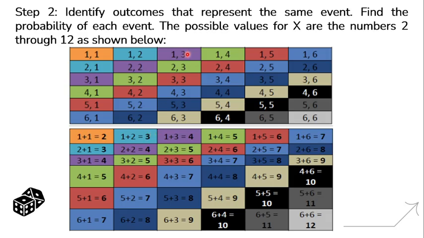So, 1 plus 3 is equal to 4. 1 plus 4 is equal to 5. 1 plus 5 is equal to 6. 1 plus 6 is equal to 7. 2 plus 6 is equal to 8. Until 9, 10, 11, and 12. So, ibig sabihin, yung x natin is 2, 3, 4, 5, 6, 7, and so on up to 12.